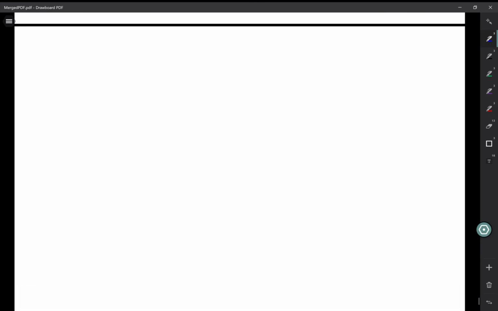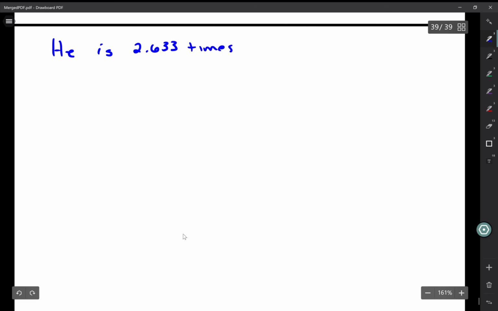So I'll try another one here. I'm going to make this one up. Let's say helium. Helium is 2.633 times faster than a certain diatomic element.